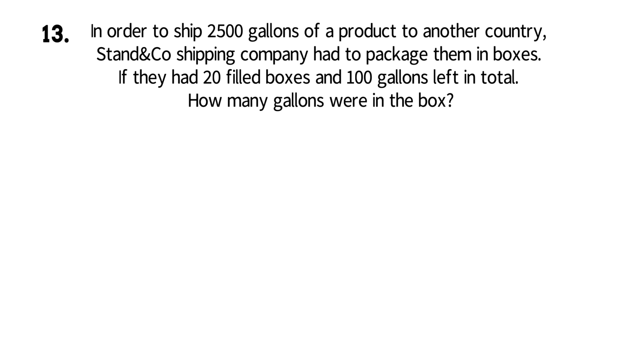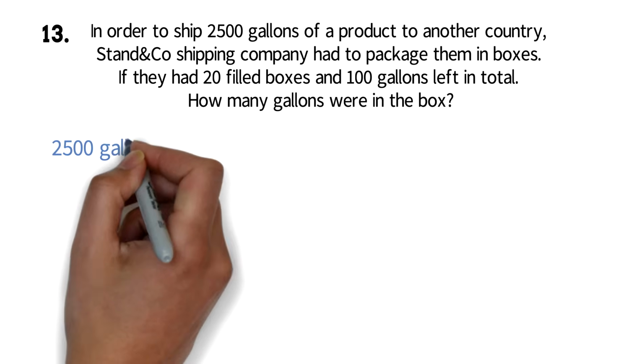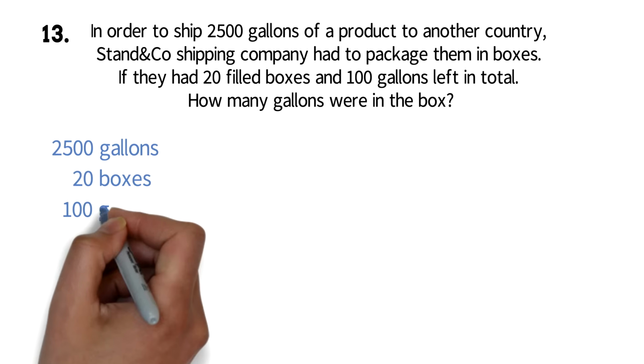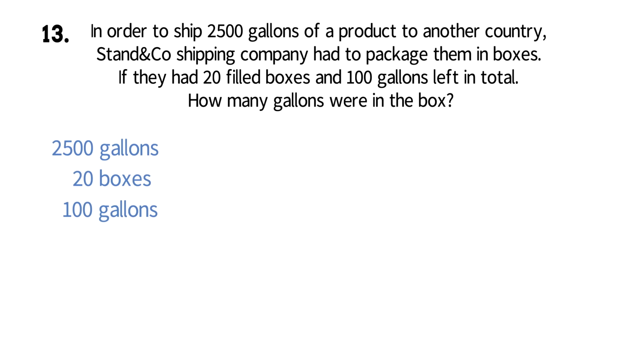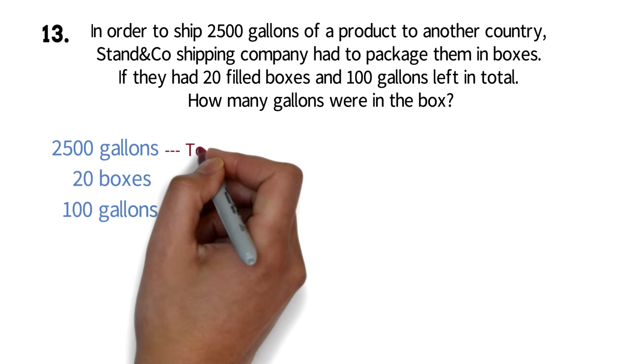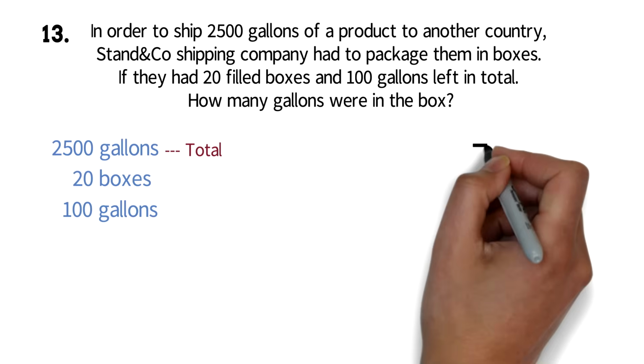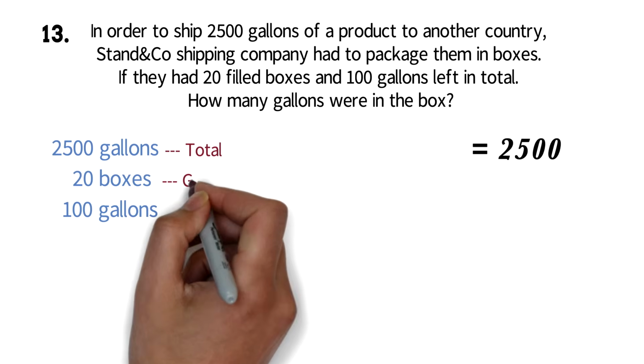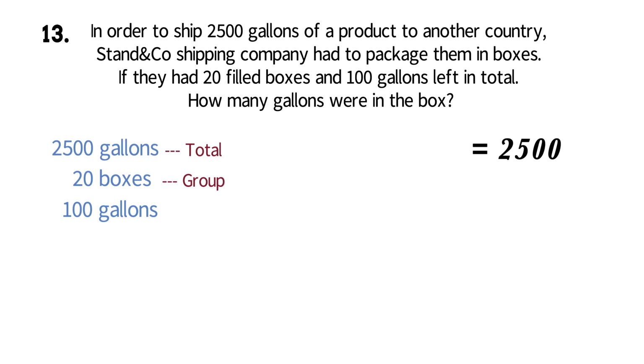You have three values in these type of questions. Let's write them down. We have 2,500 gallons, we have 20 boxes, and finally, we have 100 gallons. The 2,500 gallons represents the total, so we have equals 2,500. The 20 boxes is what I call the group. The gallons have been grouped into boxes. For most questions, the group can also be identified as the number that represents something different from the other two numbers.